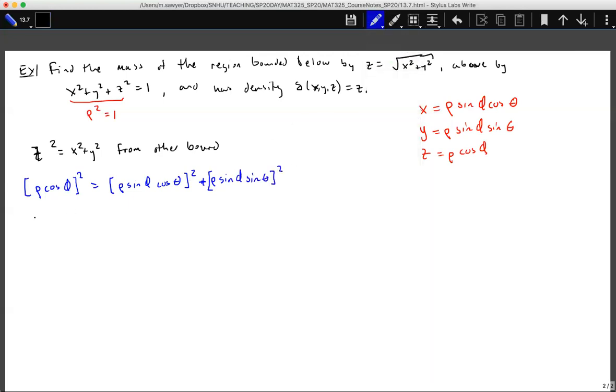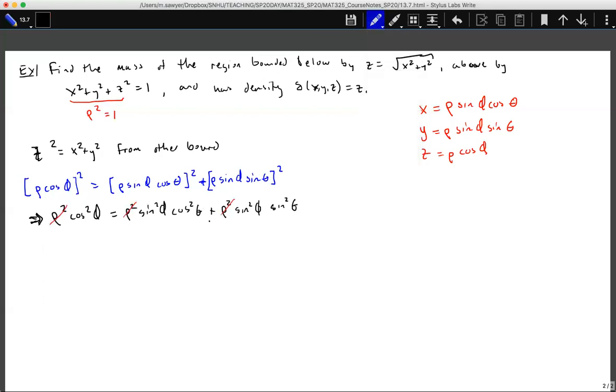So substituting in these pieces, each piece will have a rho squared, so we can divide through by rho squared, but let's see that precisely. Rho squared cosine squared of phi equals rho squared sine squared of phi cosine squared theta plus rho squared sine squared of phi sine squared of theta. So we can cancel out all the rho squareds.